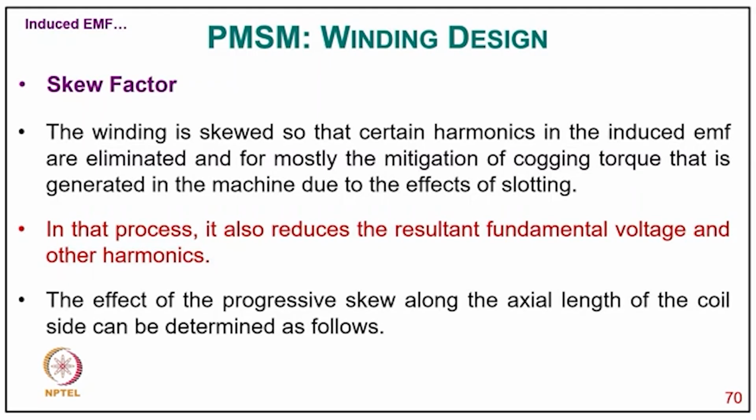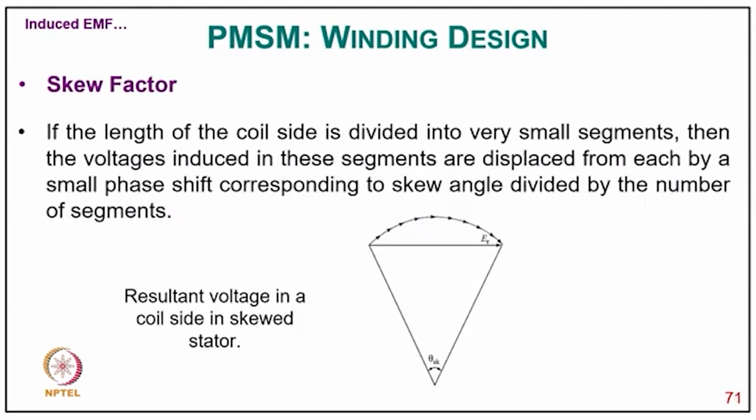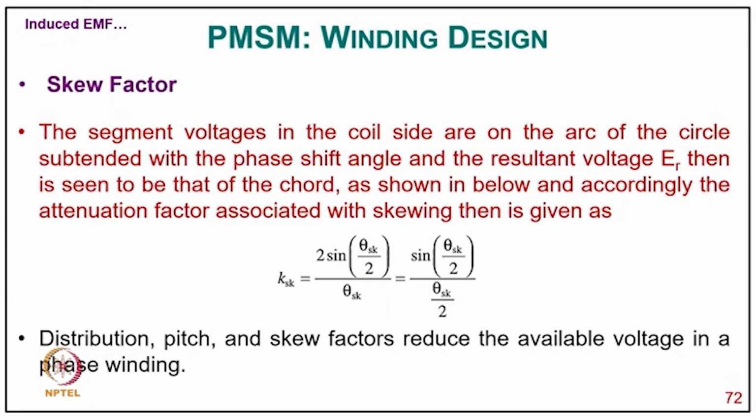The effect of progressive skewing along the axial length of the coil side can be determined as follows. Here you can see the angle of skewing, and the resultant ER as a phasor sum of the different voltages. If the length of the coil side is divided into very small segments, then the voltages induced in the segments are displaced from each other by a small phase shift corresponding to the skew angle divided by the number of segments. So here is the resultant voltage in a coil side in a skewed stator.